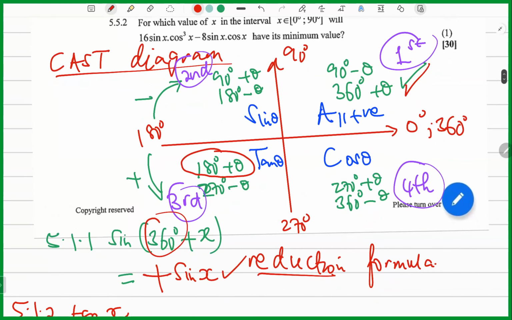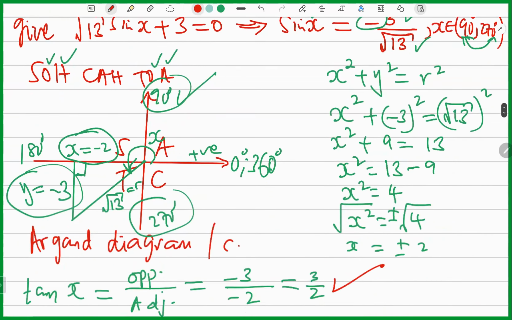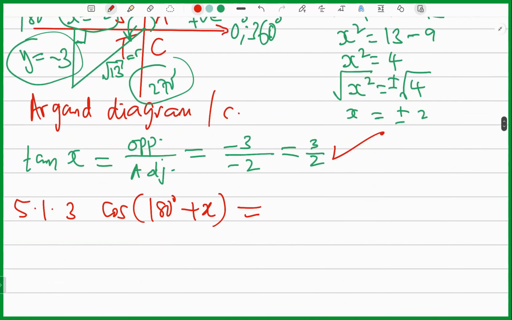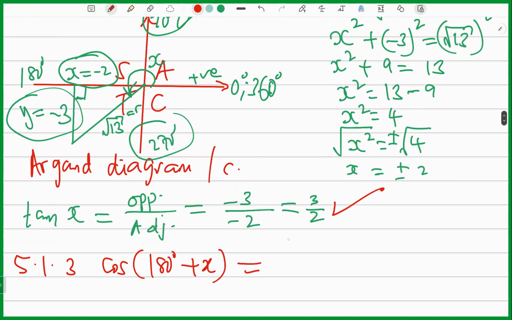So all the other functions are negative, meaning cosine is negative. So it's negative cosine x. That is what we get there.